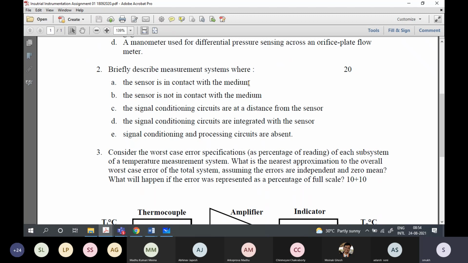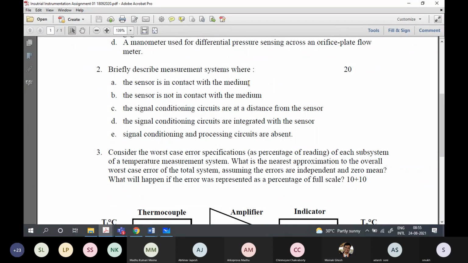In your experience, have you seen a sensor that is in contact with the medium? It's a thermometer. Good. Fantastic. That's very easy. What about the next one? Have you seen a sensor which is not in contact with the medium?